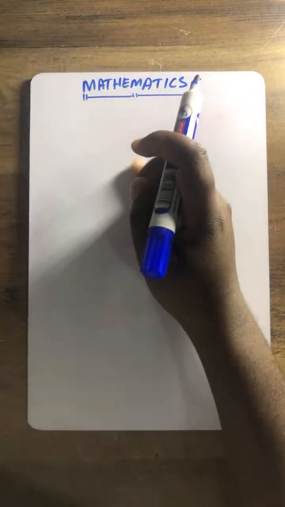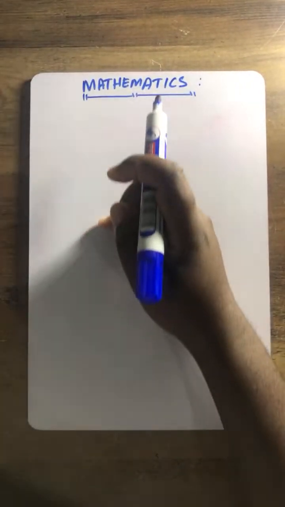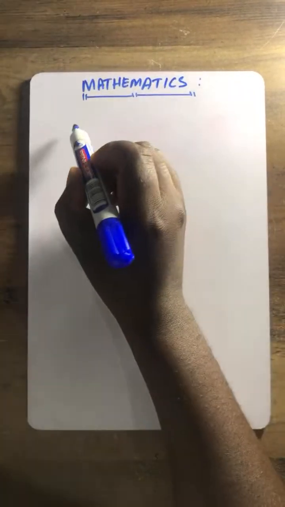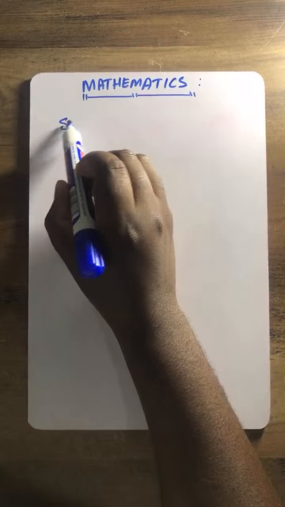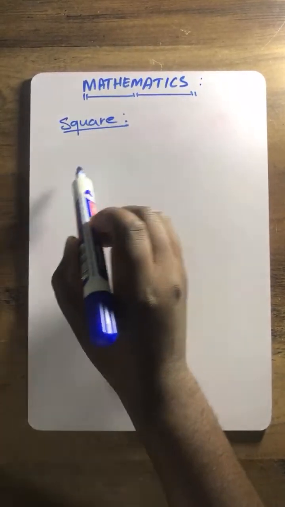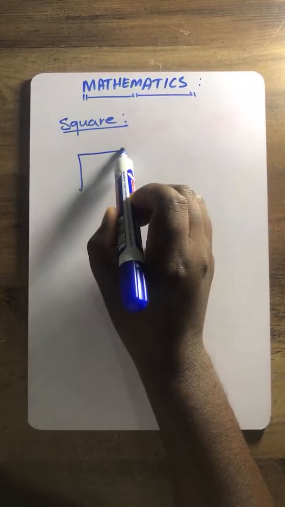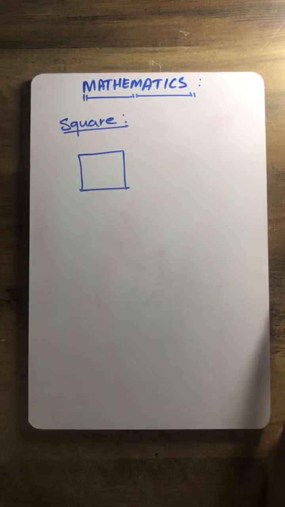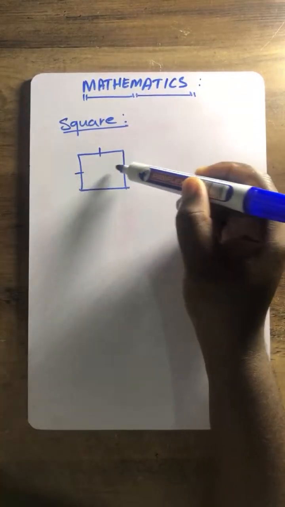So let us see. We can have a shape called a square. I will try to draw that. A square is that shape where all the sides are equal.